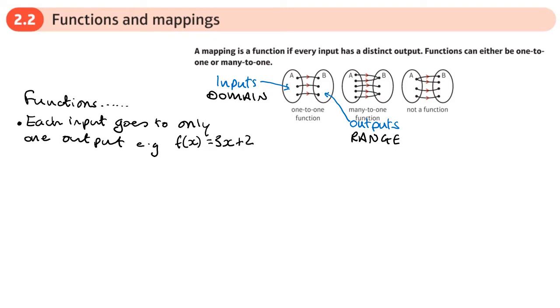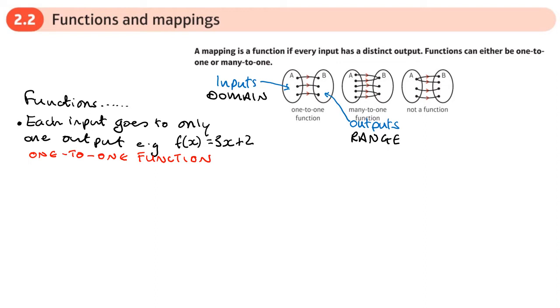Every value you put in goes to a different output value, and when that happens we call the function one-to-one. So this would be an example of a one-to-one function. Every input goes to just one output.